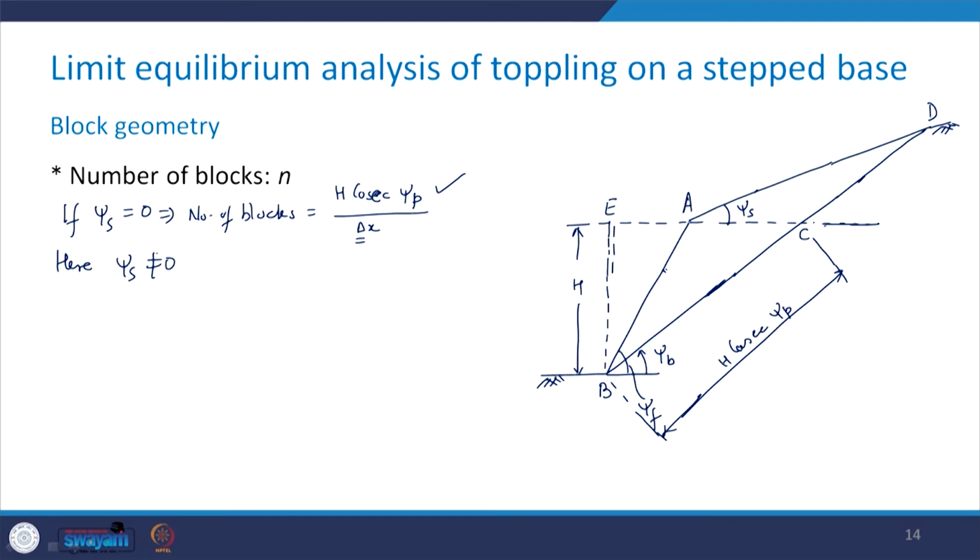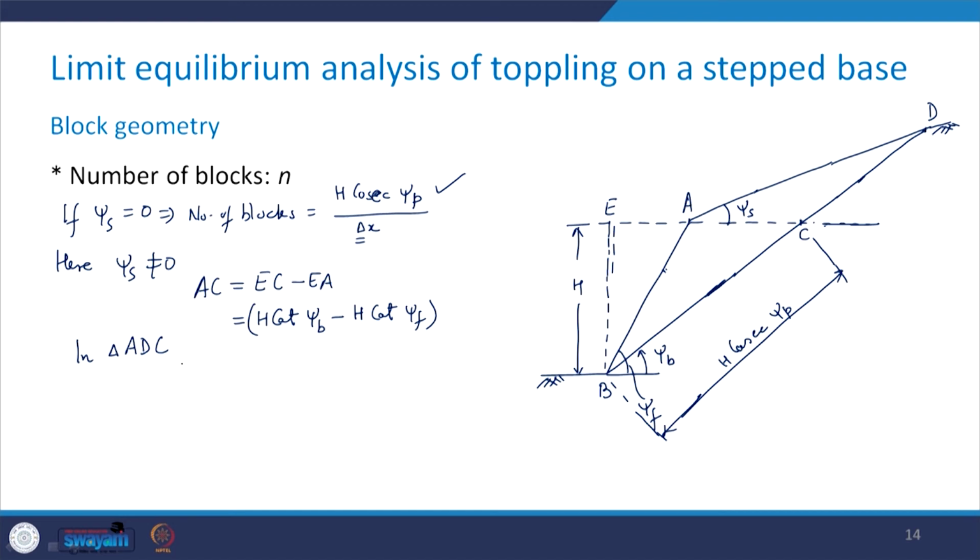So, what we are going to get is AC will be equal to EC minus EA, and this is going to be H cot psi b minus H cot psi f. Now, you consider the triangle ADC, that means this triangle ADC.